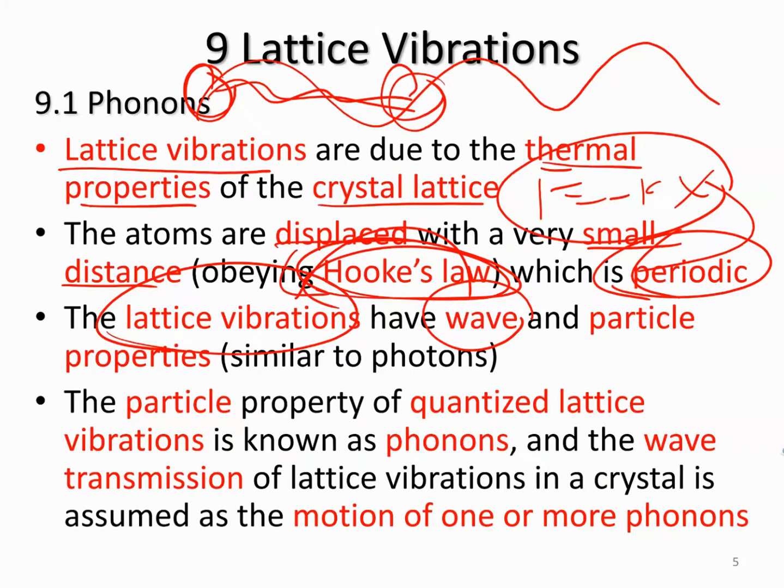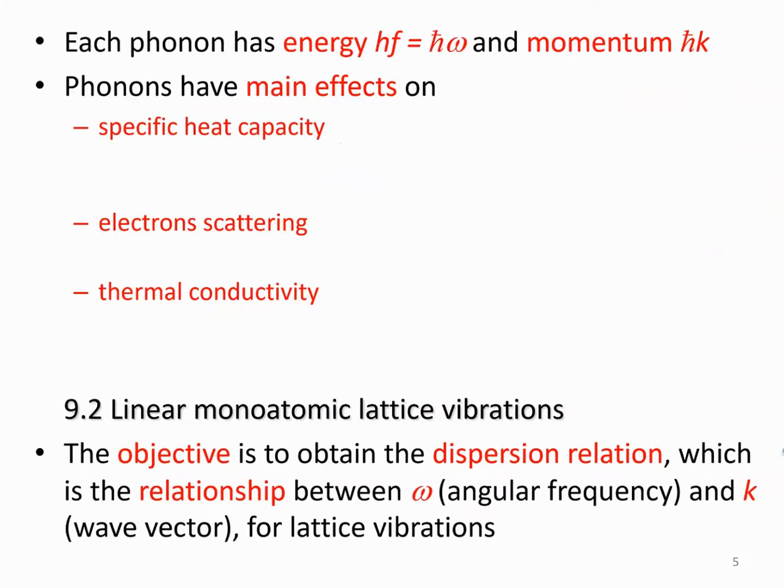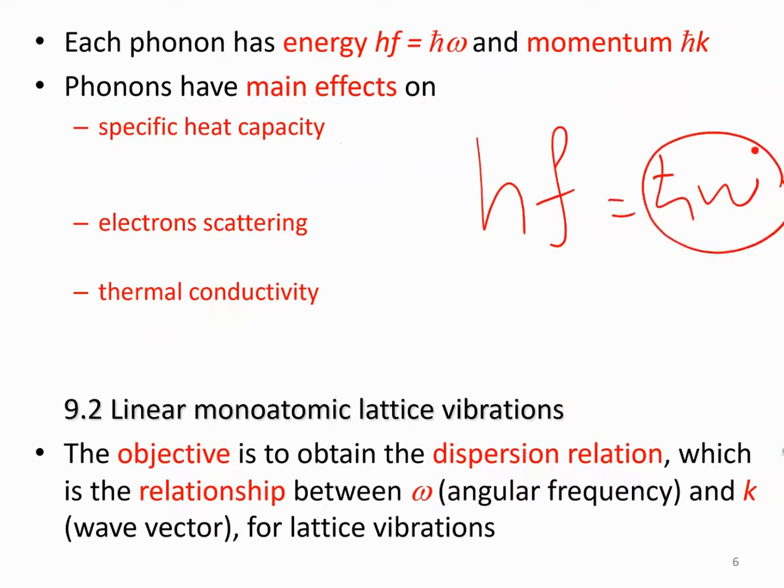So the particle property of quantized lattice vibration is known as phonon, and the wave transmission of the lattice vibration in the crystal is assumed as the motion of one or more phonons. So each phonon has energy hf or bar h omega, and also momentum bar h k.